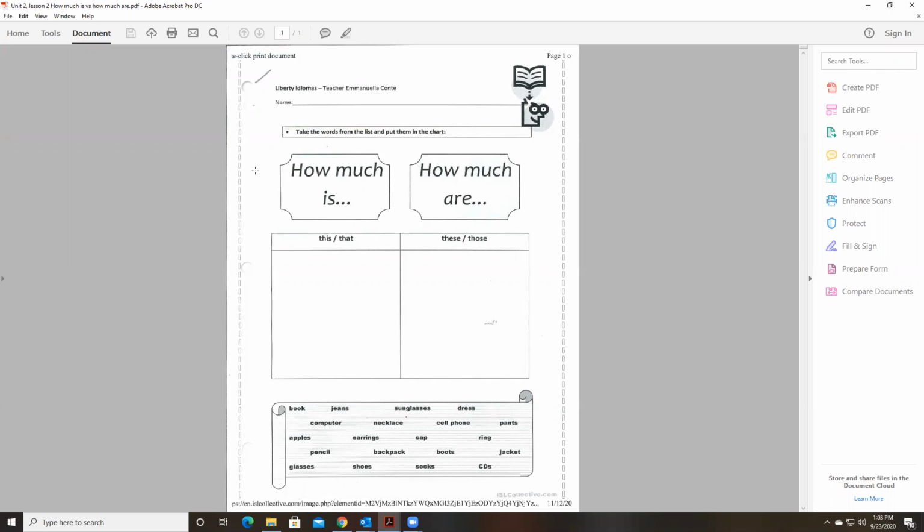So you have a list of clothing items right here, right?